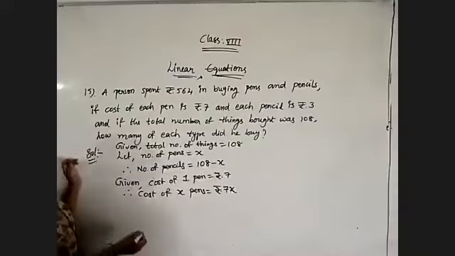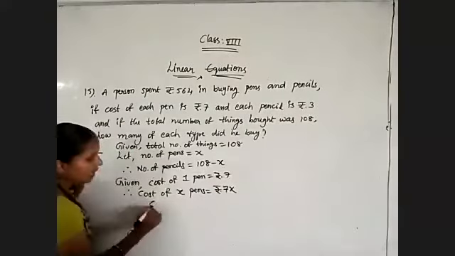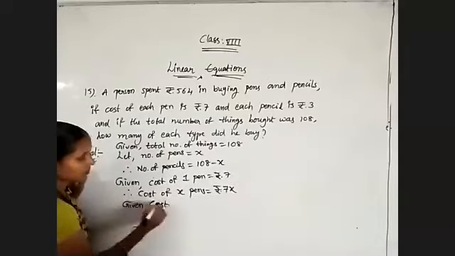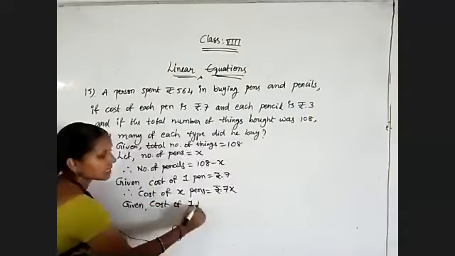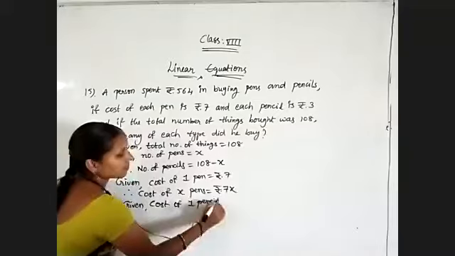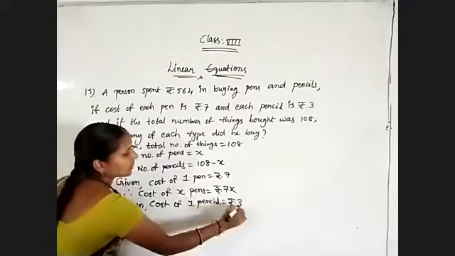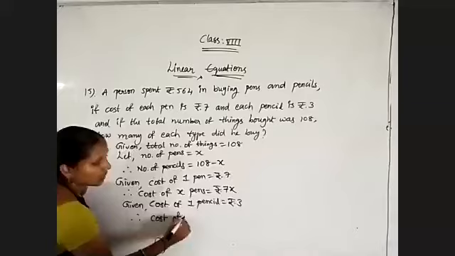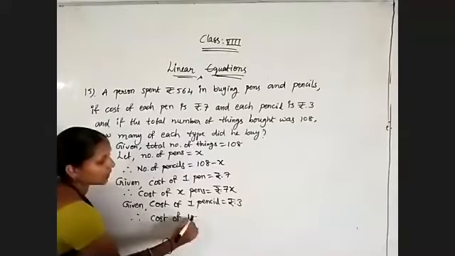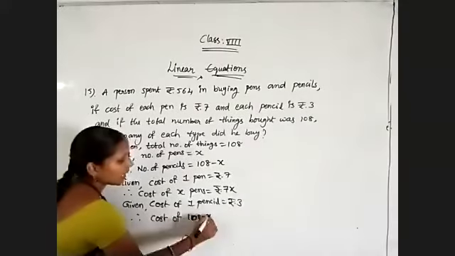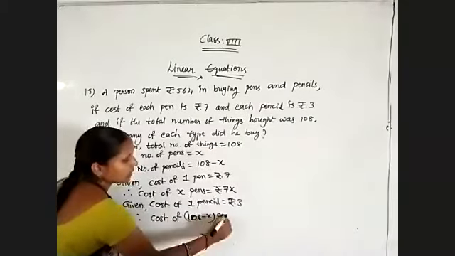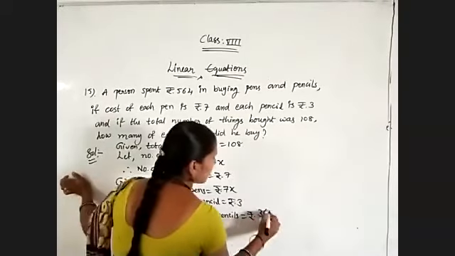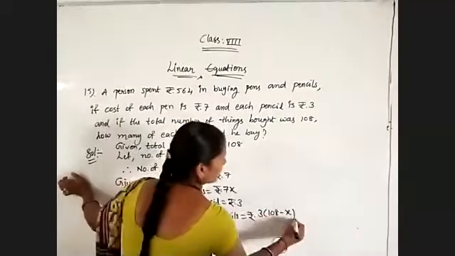And given cost of one pencil is equal to 3 rupees, therefore cost of 108 minus x pencils is equal to 3 into 108 minus x.